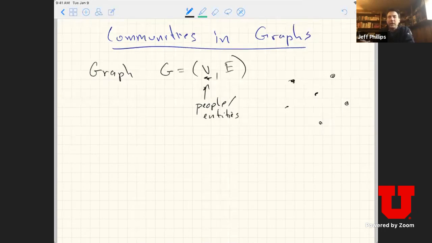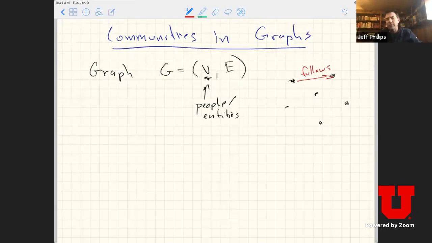So think of this like a social network like Facebook or Twitter, and there's typically some relation. If they follow someone else, then you put an edge, and this can be a directed edge.